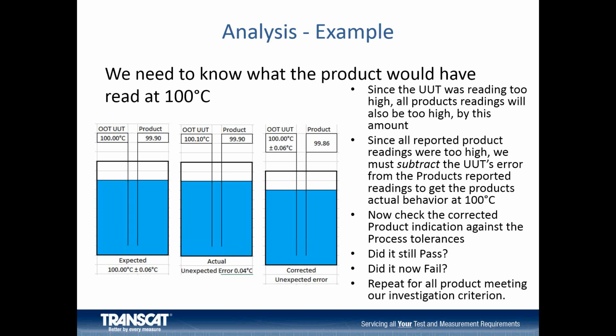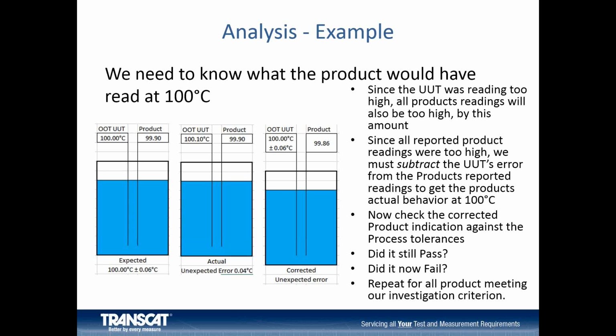Okay, so we're going to correct and determine what our product should have been reading had our thermometer been accurate within its operating expectations. Since the UUT was reading too high, all product readings will also be too high by the amount of the out of tolerance.